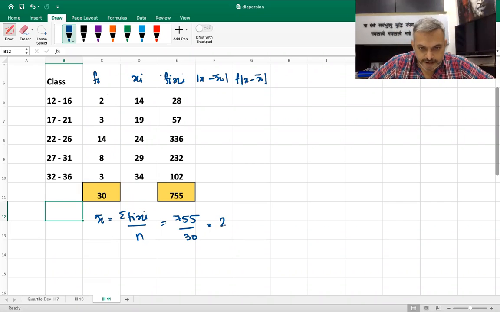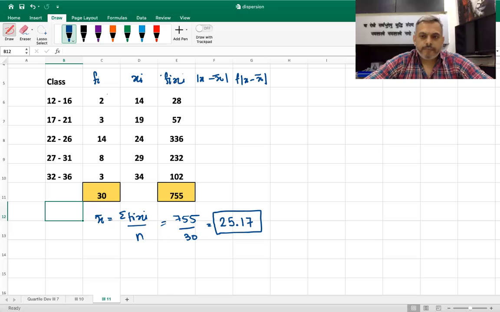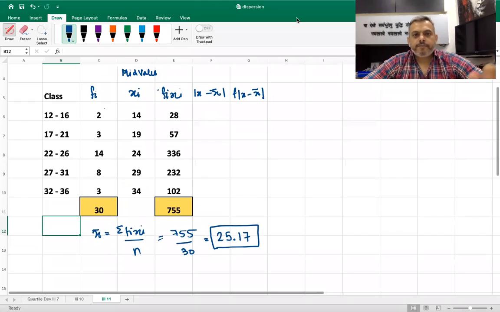We'll make it 25.17. So this is our mean. Now you can see that the mean is a fraction. Here we are using the direct method only, so we have to use these fractions only. Let's go further.